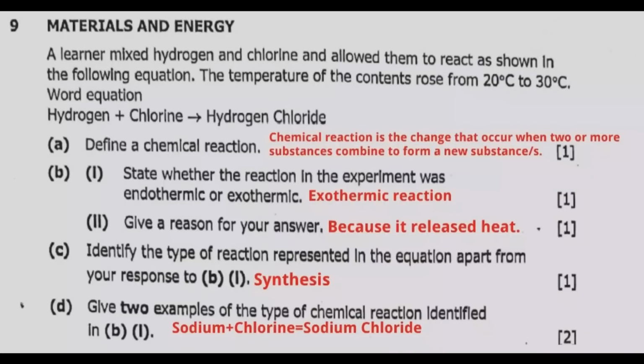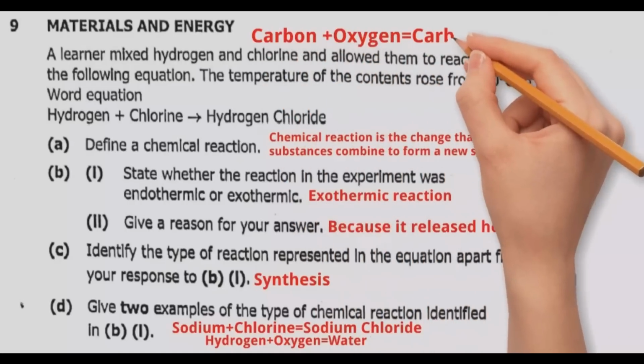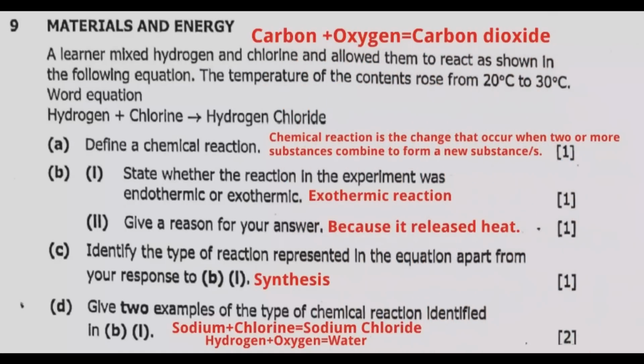The other one is water: hydrogen plus oxygen form water. The other is carbon dioxide, where carbon and oxygen react and form carbon dioxide. From those 3, you can pick 2. So that is all.